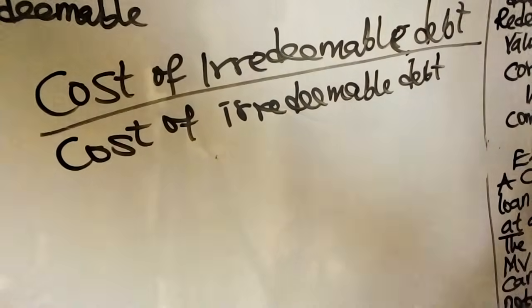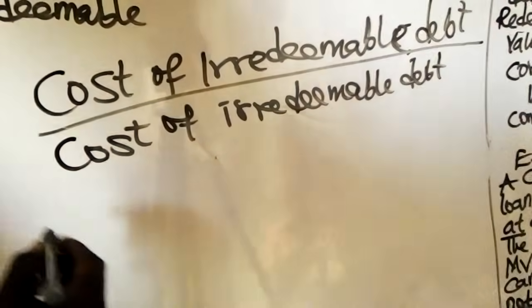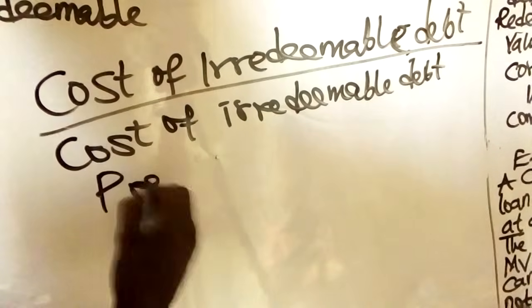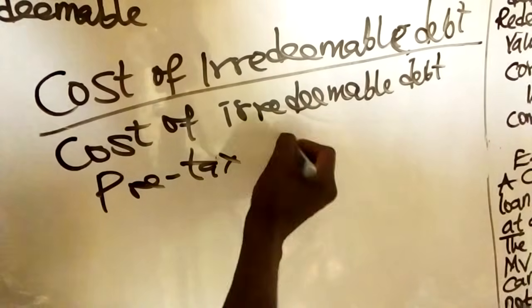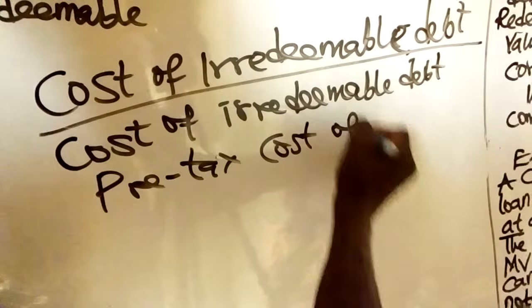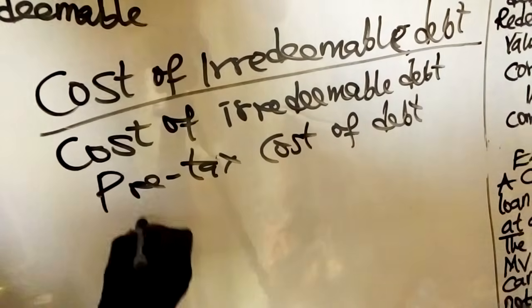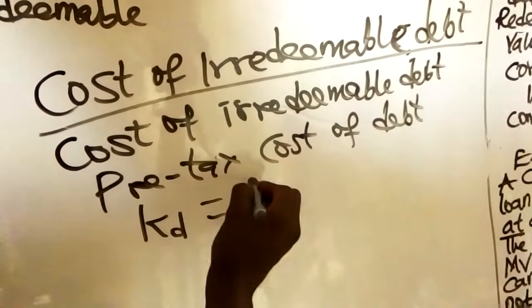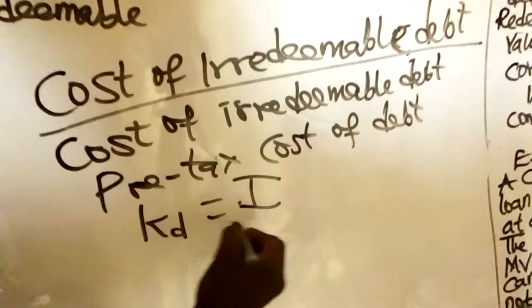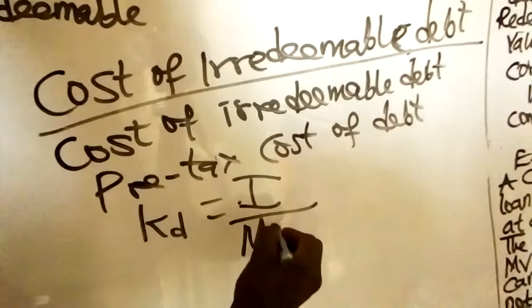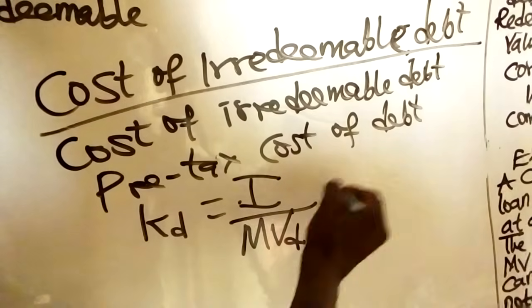So for the calculation of the cost of debt, we can have the pre-tax cost of debt. Pre-tax cost of debt, we have cost of debt equal to interest over market value of debt times 100.